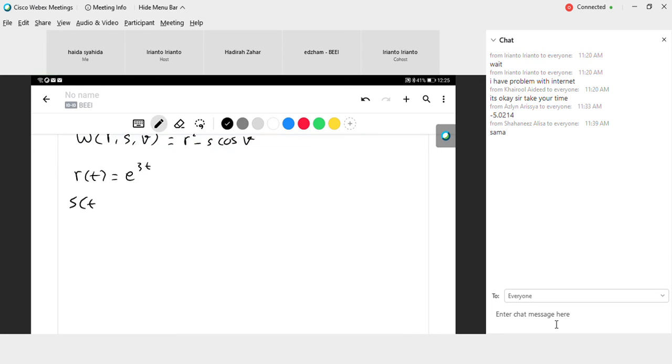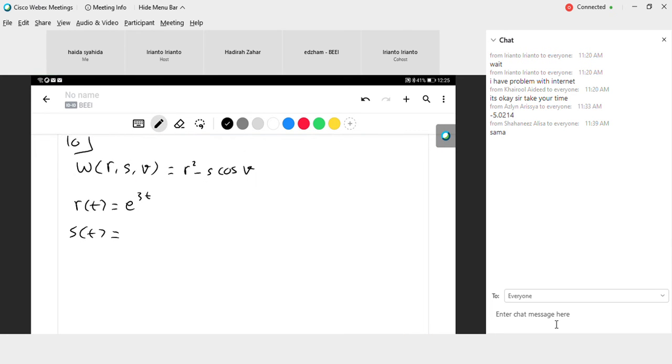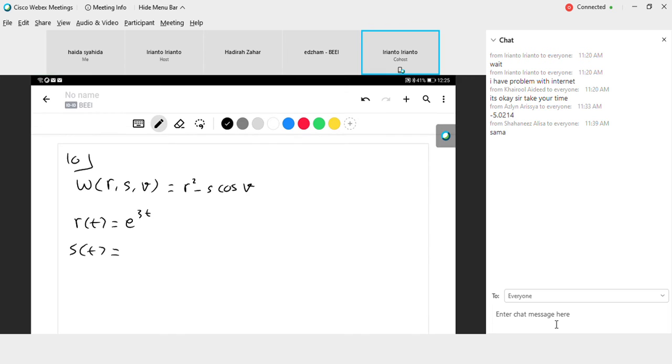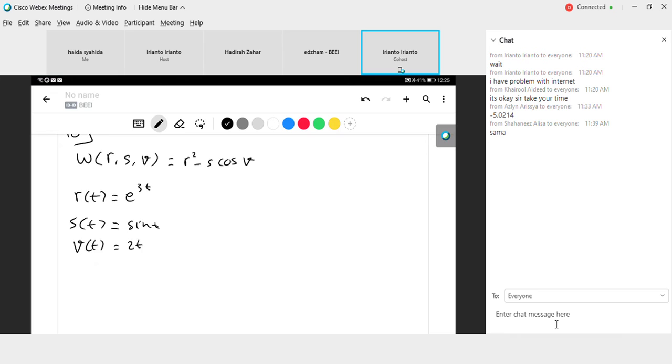S is a function of T only, which is S equals sine T. And V is also a function of T only, which is V equals 2T. The question is, they want to know the derivative of W with respect to T when T equals 0. Okay, this is how to understand it now.